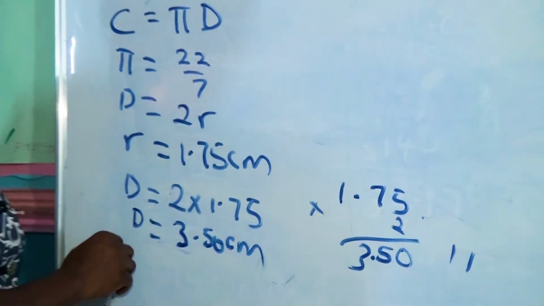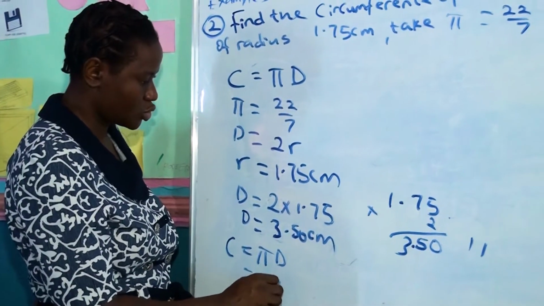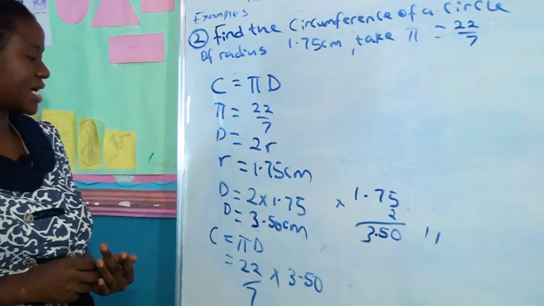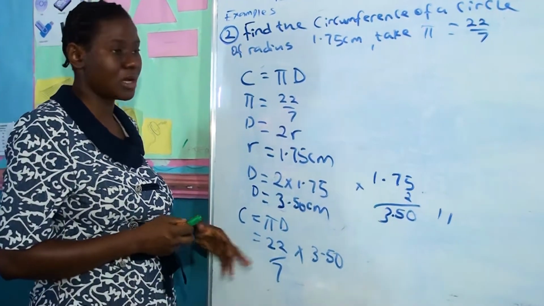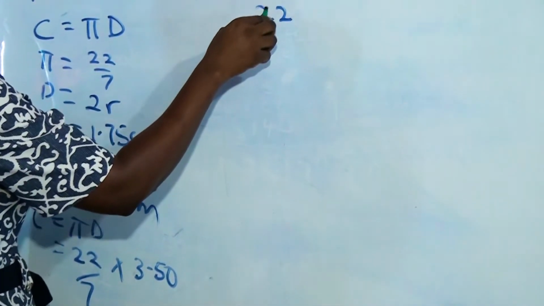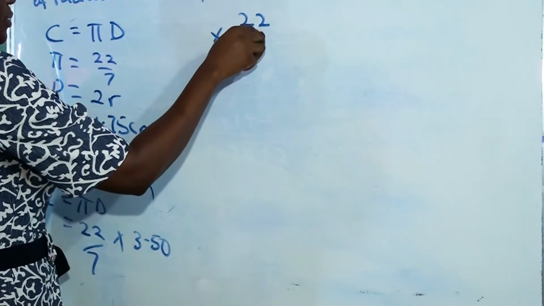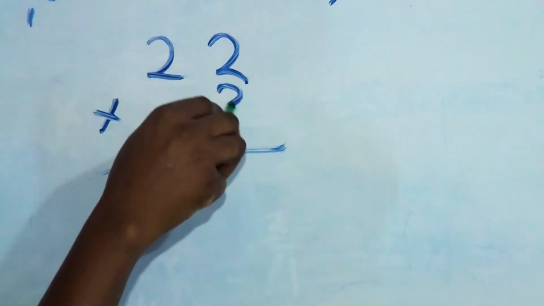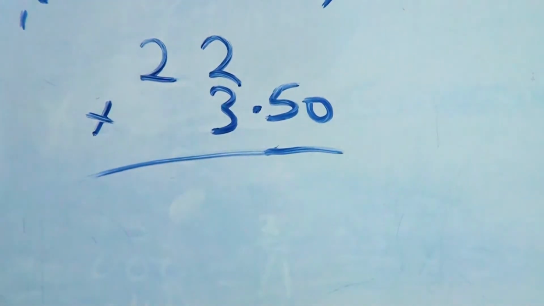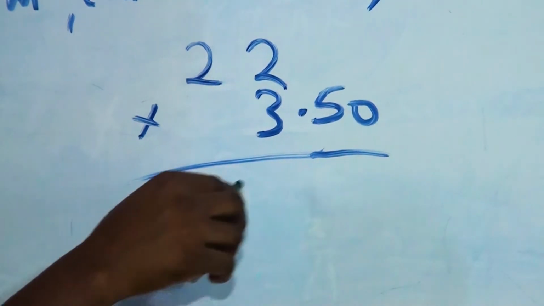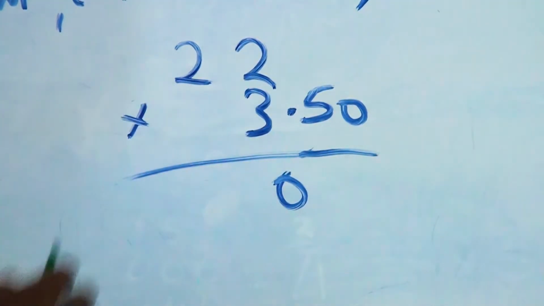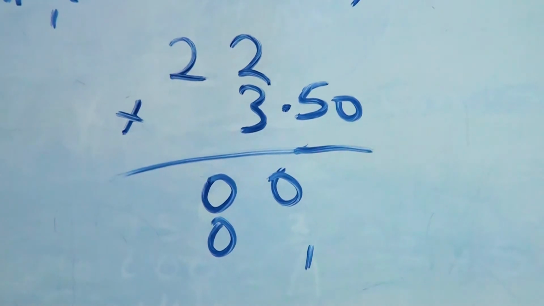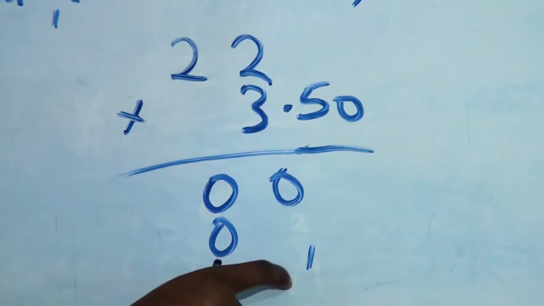So we could go over C is pi d. This becomes 22/7 times 3.50. So we need to calculate this together. 22 times 3.50. Okay. 0 times 2 is 0. 0 times 2 is 0. 5 times 2 is 10, right? 0 and leave 1. 5 times 2 is 10 plus 1, 11.